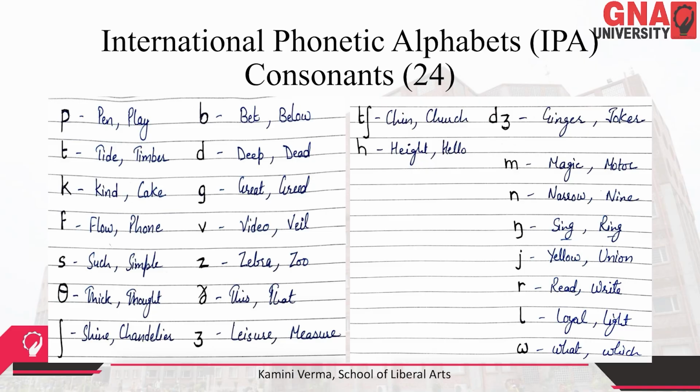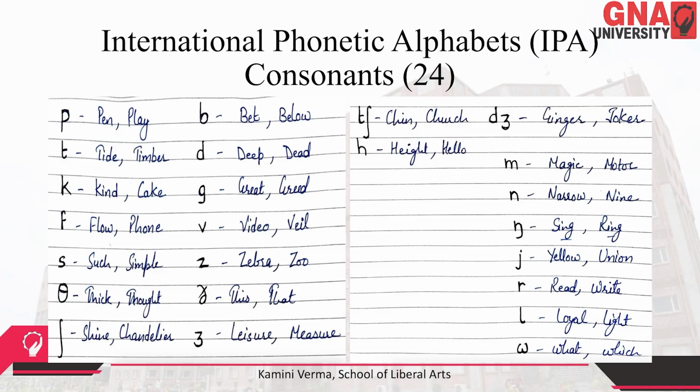N as in narrow, nine, even K-N-O-W, know. We can use words like night, N-I-G-H-T, as well as K-N-I-G-H-T, knight. So this is the N sound. Even in the word pneumonia, where the P is silent.